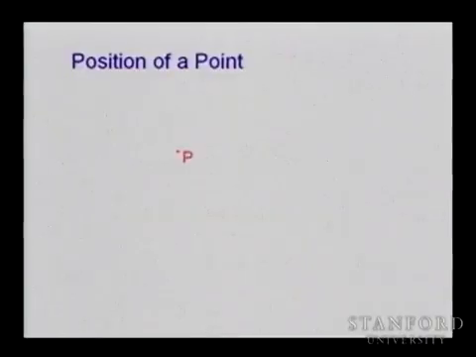So a point in space, P. How can we define a point in space? And what are the things that really fix that point or define it with respect to some reference?